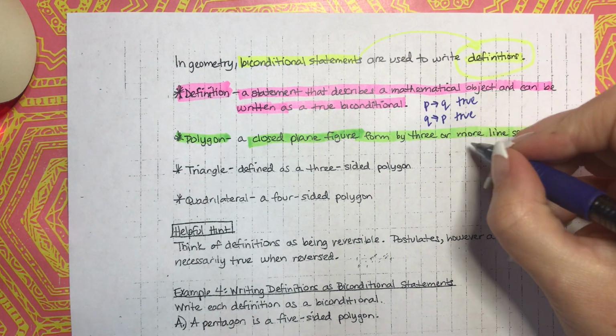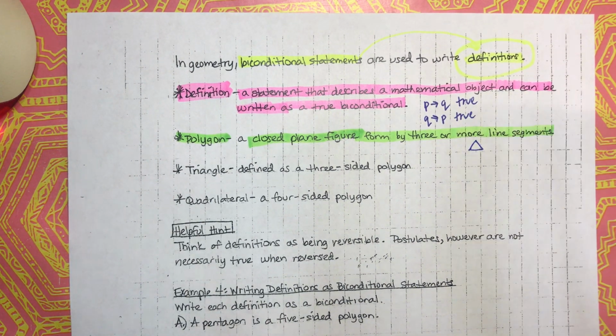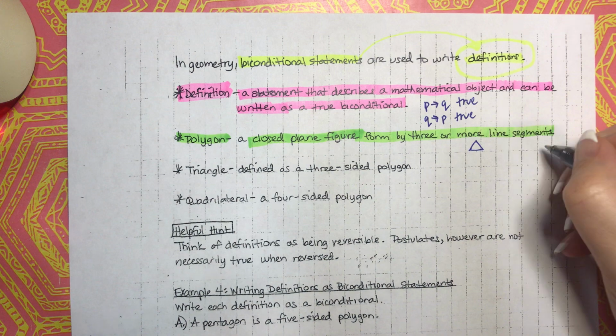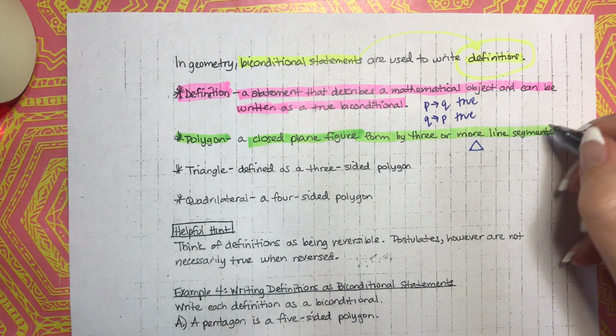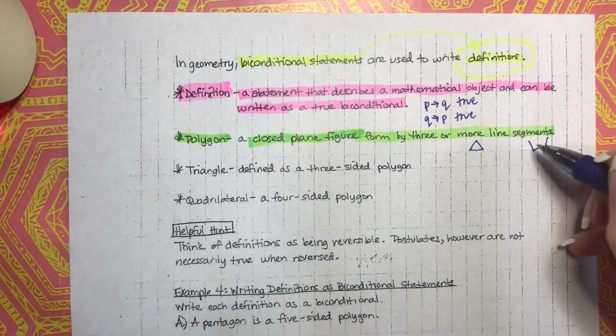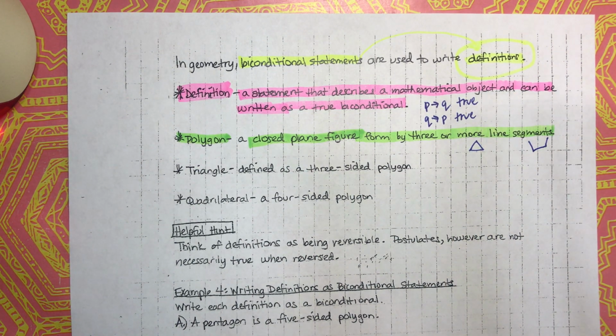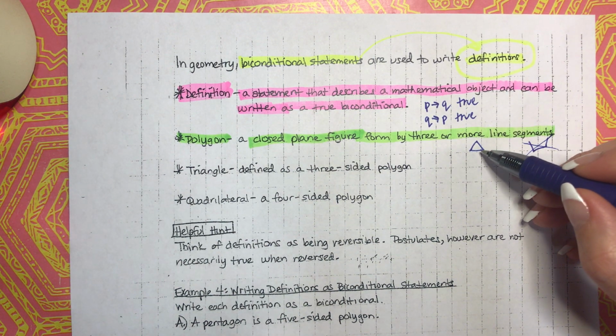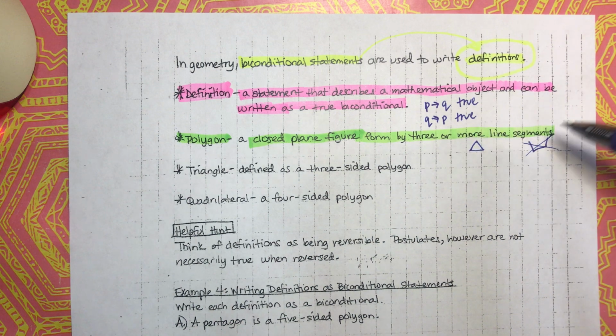So that would be something like this. This is closed plane. Okay, something that isn't closed would be something that looks like this, where it's open. Okay, so that's not a polygon, okay? They have to be closed plane figures by 3 or more line segments.